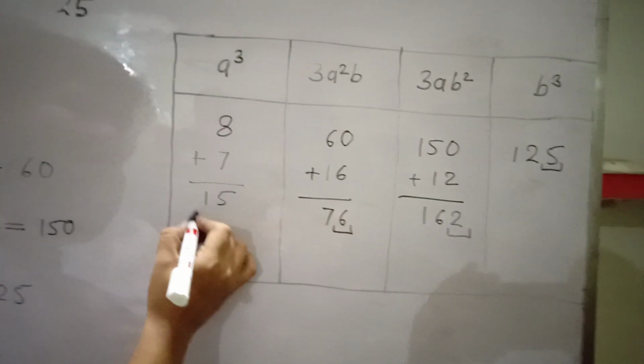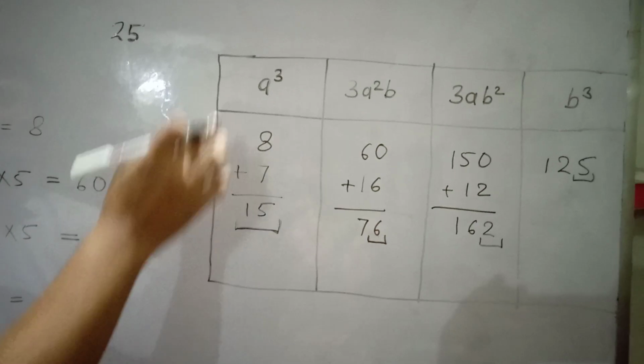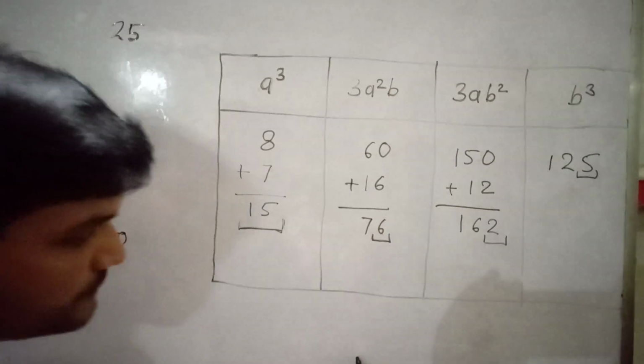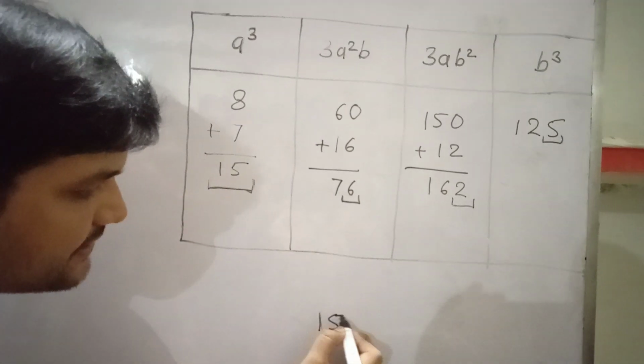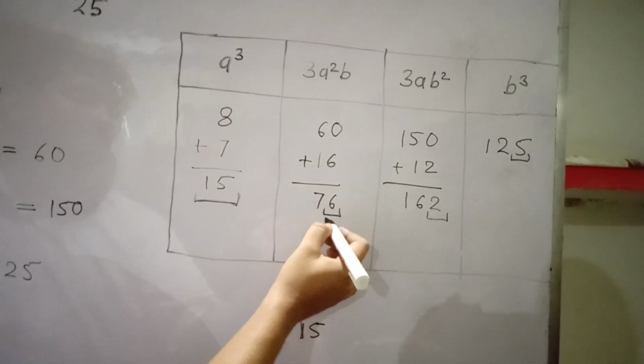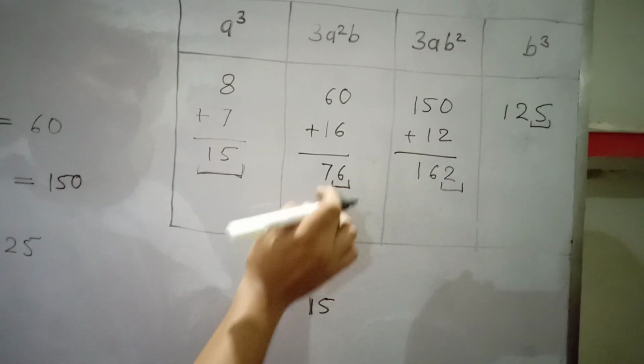Then we will take the whole digit of the first column, that's the 15. After that we will take those digits which are underlined.